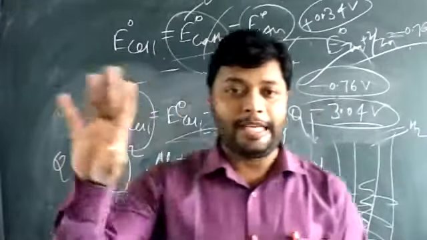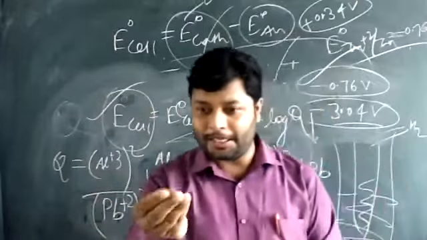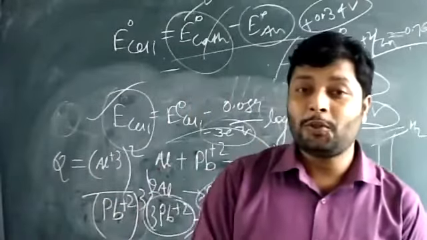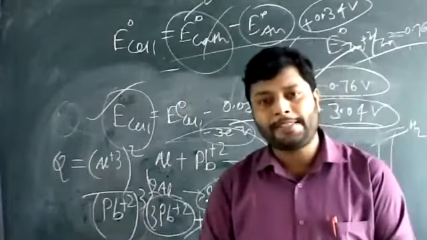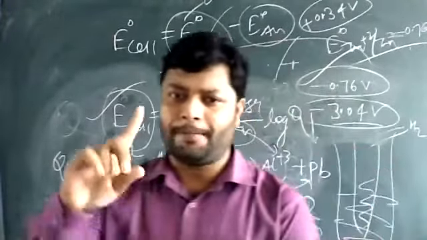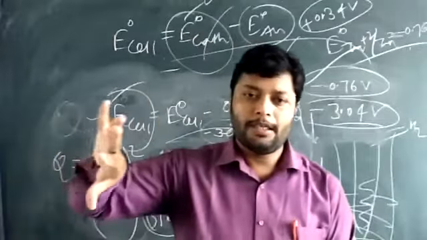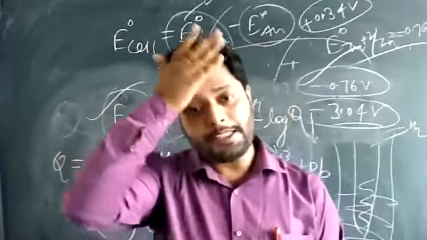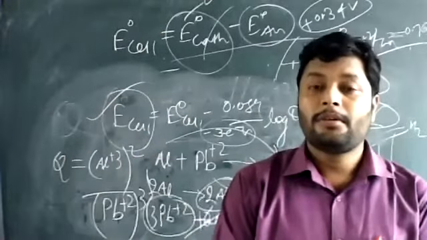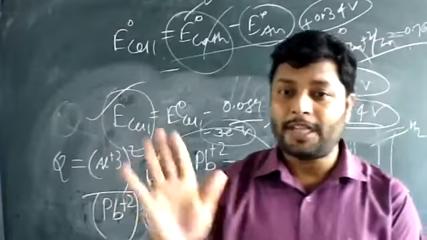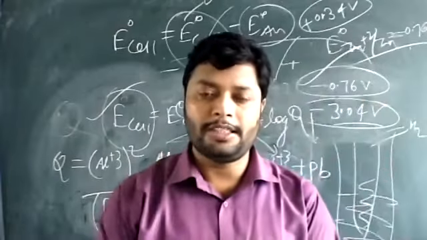But all these things cannot be covered within 10 minutes. So I'm going to conclude today's lecture here, and we'll try to revise the whole chapter one more time in the next part. Then we'll try to solve numericals, because I don't know how many of you have learned the full chapter with all the concepts.